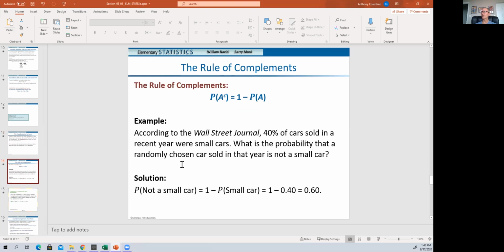So what is the probability of choosing a car sold that is not a small car? Well, we could do the complement, right? This is 1 minus the probability of a small car, and you can see it ends up being 0.6 or 60%.